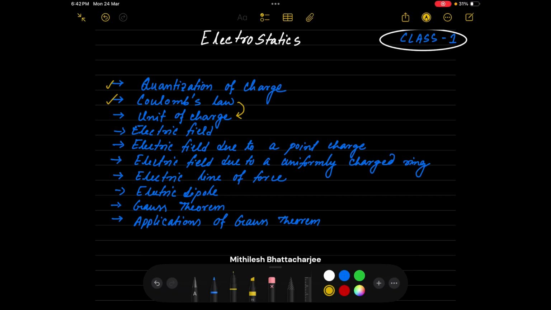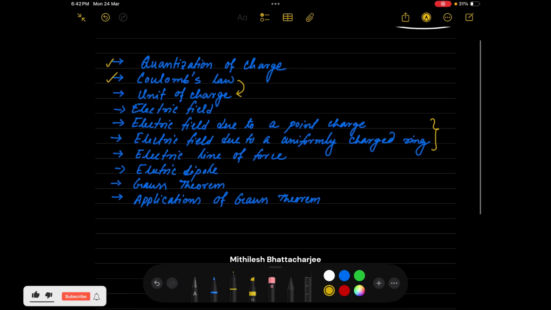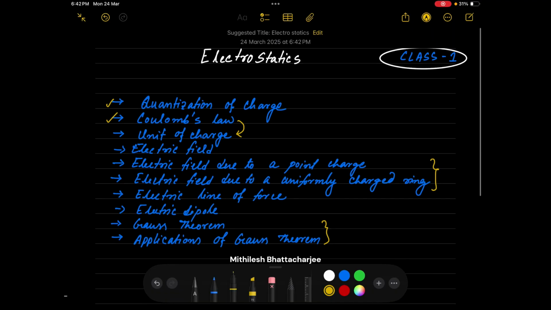Then we'll see electric field due to a point charge and electric field due to a uniformly charged ring. These two are from electric field. Then we'll see the electric line of force, electric dipole, and the last will be Gauss theorem and the application of Gauss theorem. Okay, so let's start with electrostatics.